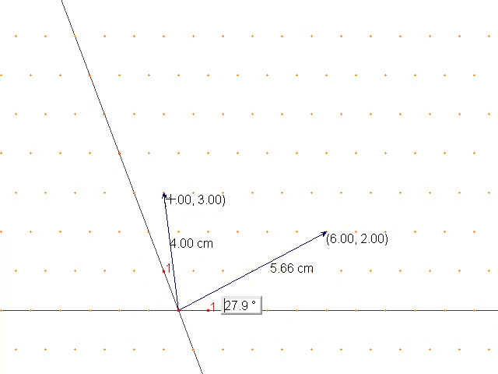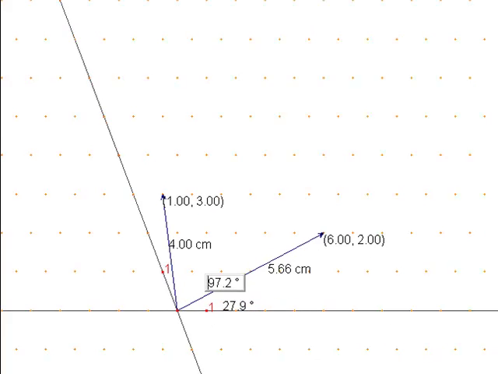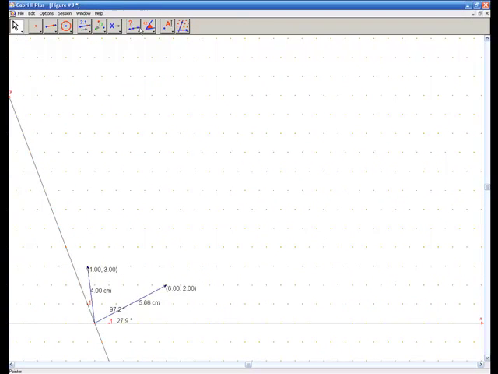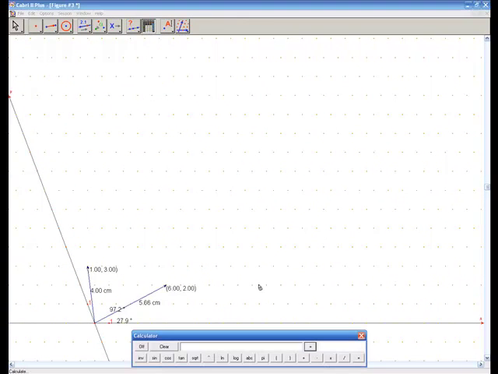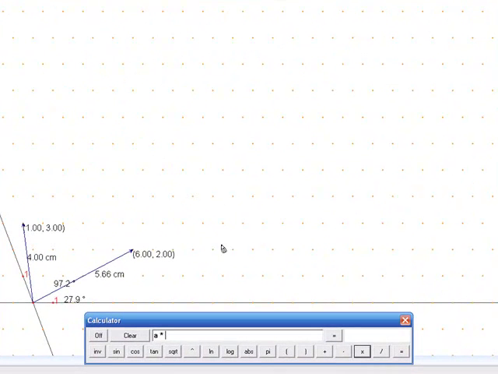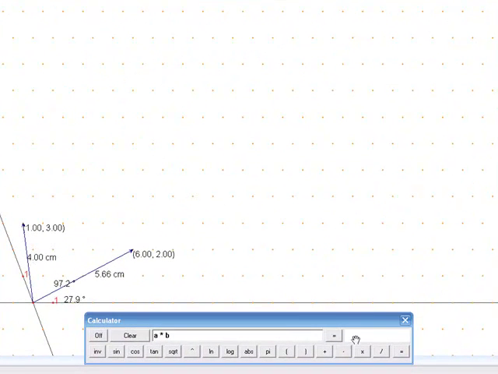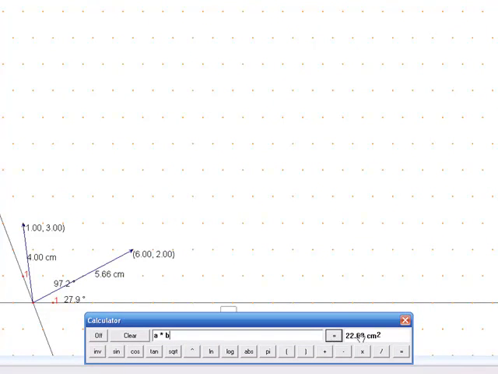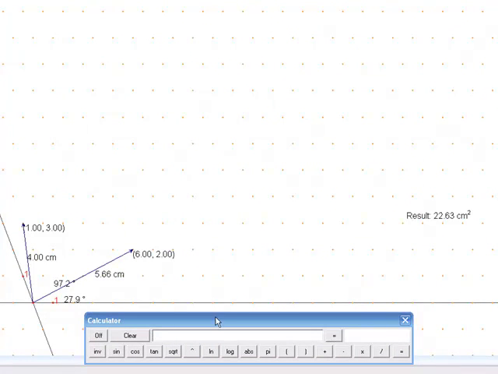Then the angle the second one makes. Then we're going to calculate this magnitude times this magnitude. We're going to put that right there.